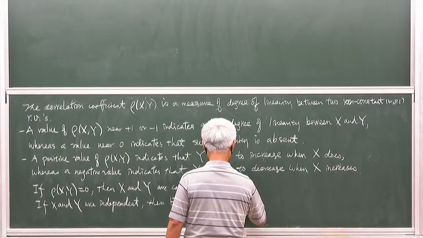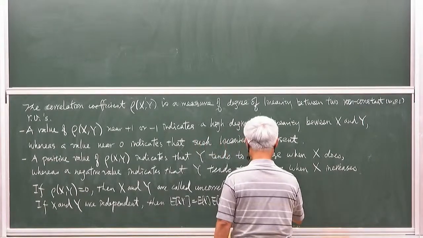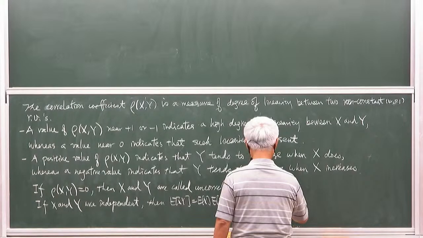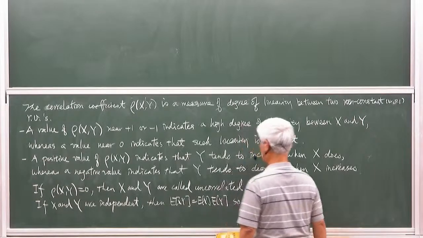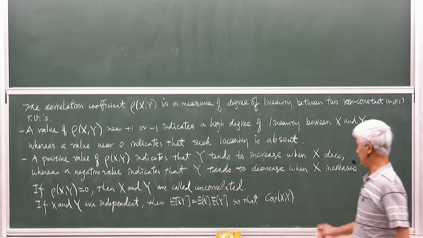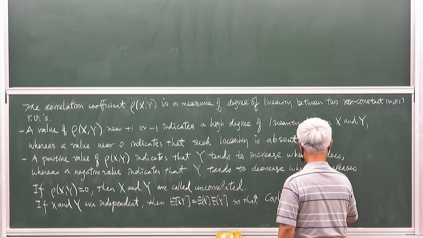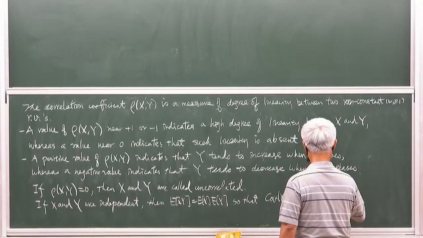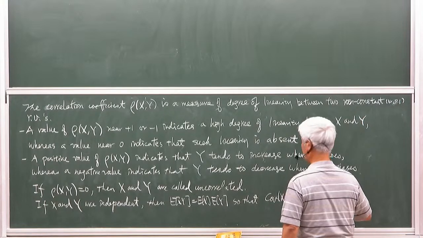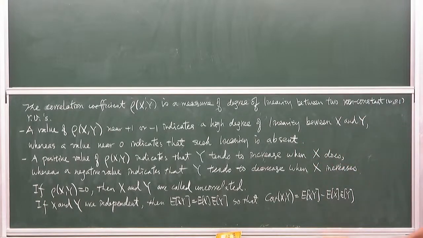So the covariance between x and y, which as we computed, is 0.